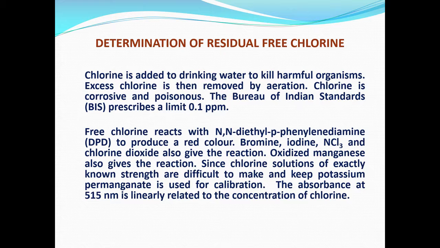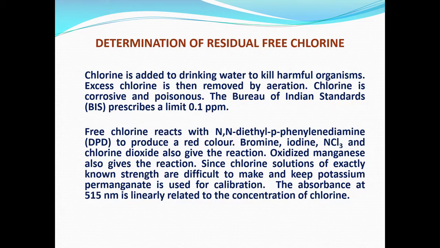The Bureau of Indian Standards prescribes a limit of 0.1 ppm of chlorine. For this residual free chlorine, the chemistry of the reaction is that it reacts with N,N-dimethyl paraphenylene diamine, DPD, to produce a red color.